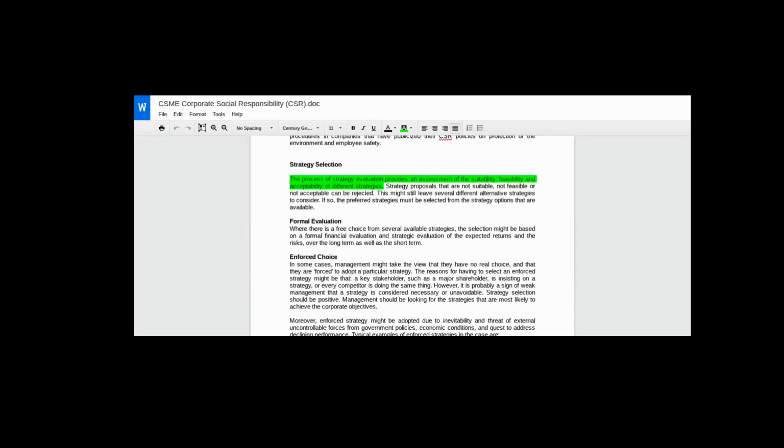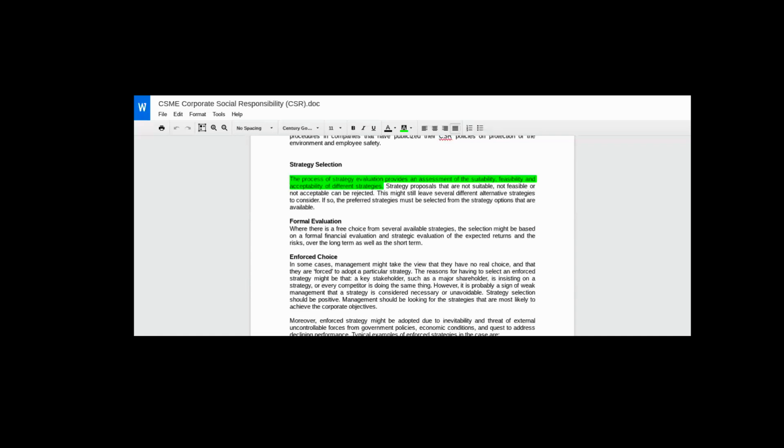So we must look at the suitability of the strategy and at the same time look at the feasibility of the strategy. The only thing that we are trying to look at in the feasibility of the strategy is to look at how profitable the strategy is, if it is more than one strategy that we want to implement, how profitable are these strategies and the risks attached.